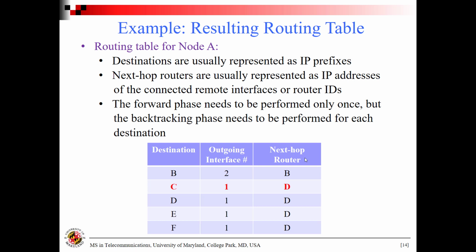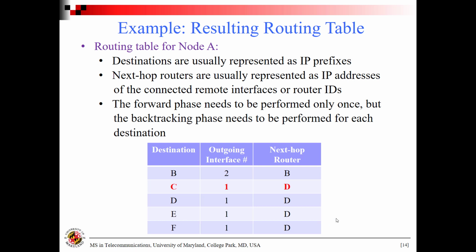But anyway, it's some network layer information about the next hop router. And it's typically the next hop router's IP address, and quite often that's going to be the IP address of the remote device's connected interface. However, again, for simplicity, we're going to represent these routers just with these letters instead of numerical IP addresses.